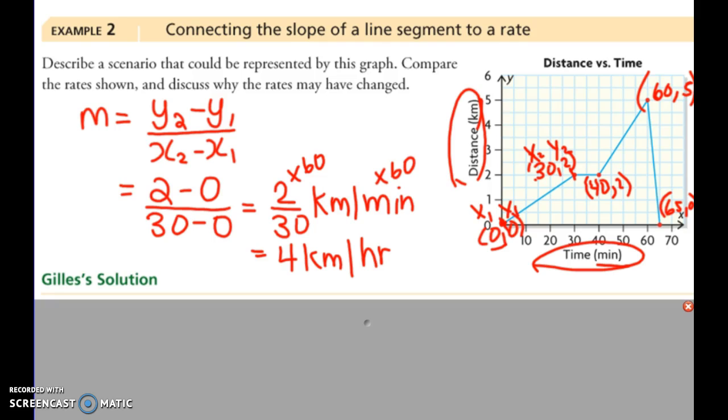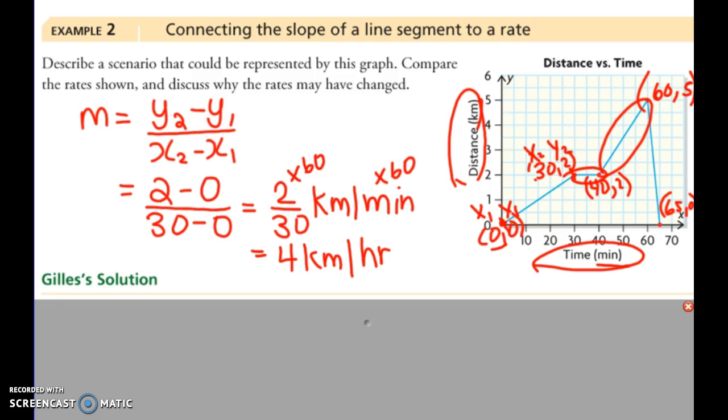Okay, we can do that with each of the sections. So we can do it for this section and this section here. What we're trying to do is describe a scenario. Looking at this, we could describe a scenario of a person that's traveling on a trip, and each line segment represents a different part of the trip.